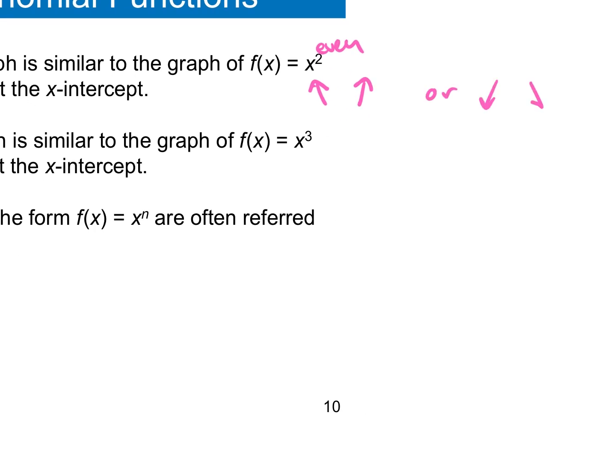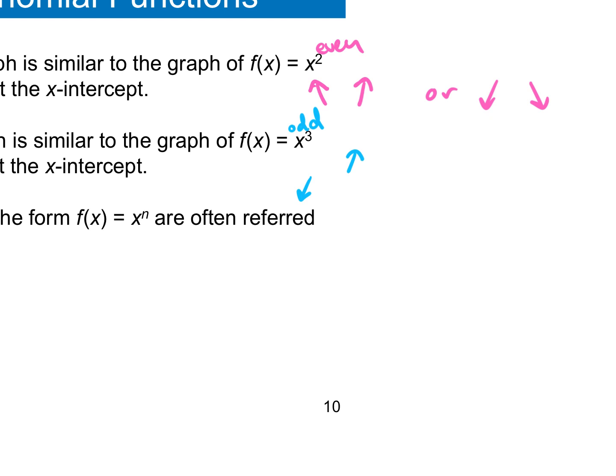They go in the same direction. If our highest degree is odd, they're going to go in opposite directions. So if it's positive and odd, it starts by going down and ends by going up.